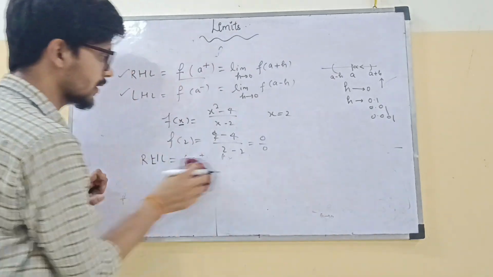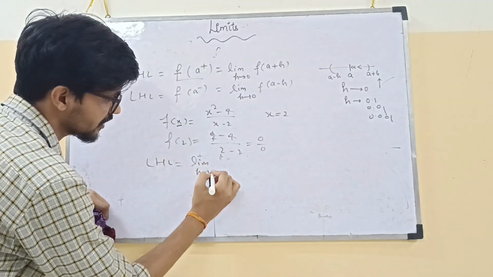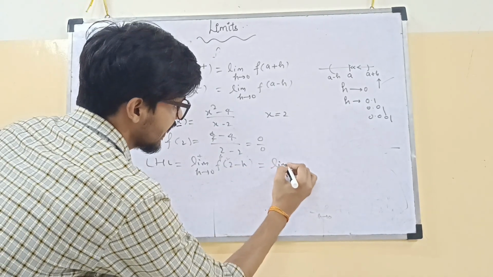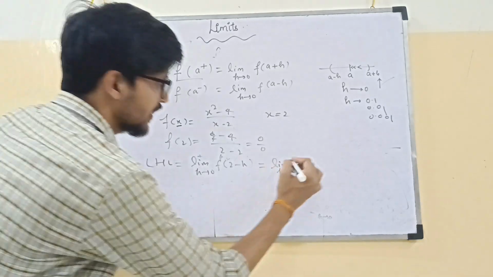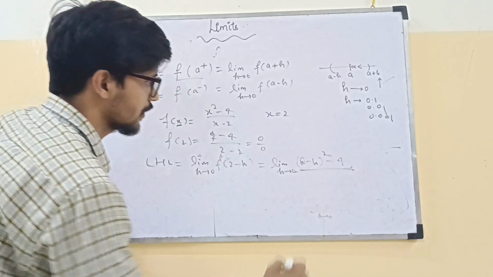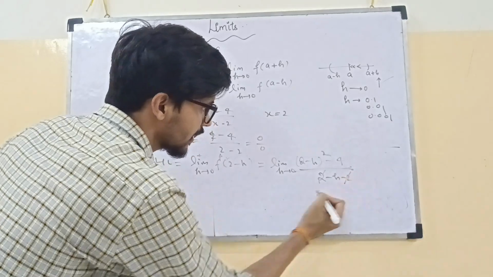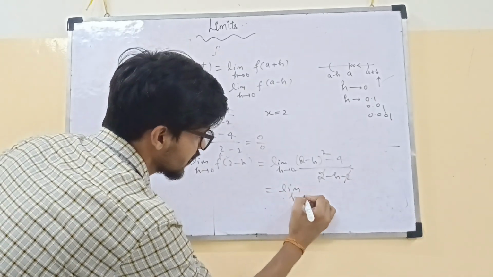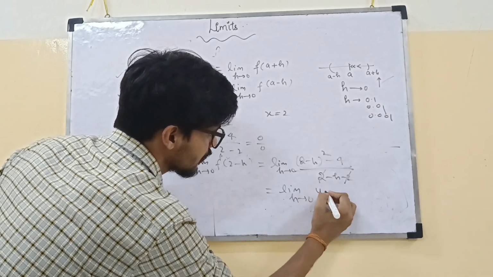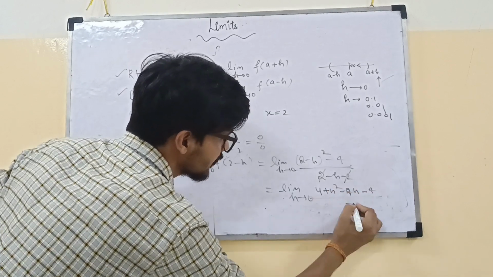Similarly, you can calculate LHL also. So limit h tends to 0, f of 2 minus h this time. That means limit h tends to 0, 2 minus h square minus 4 divided by 2 minus h minus 2. Meaning, you can cancel this 2 and 2, and if you solve, you will get 4 plus h square minus 4h minus 4 divided by minus h.